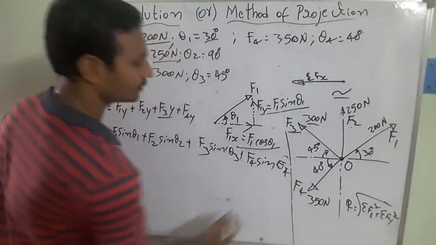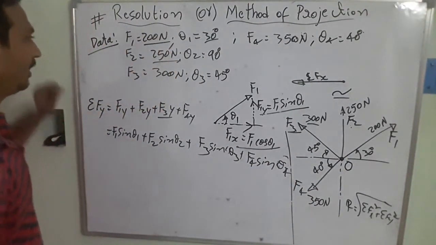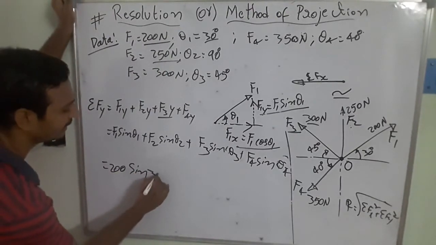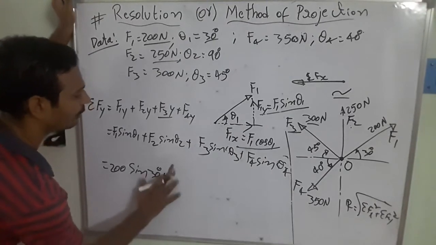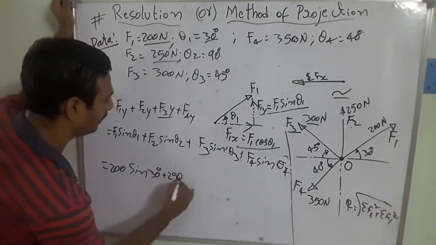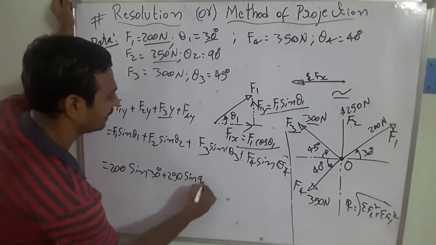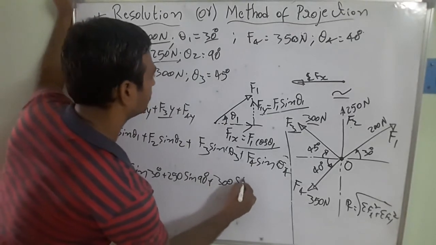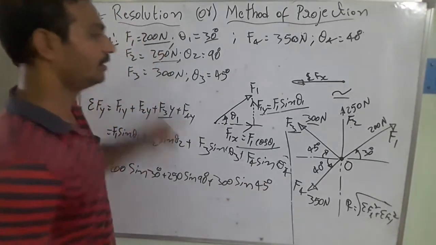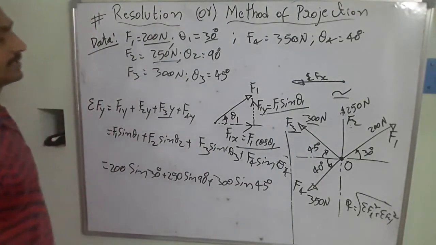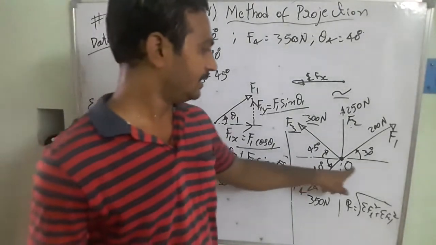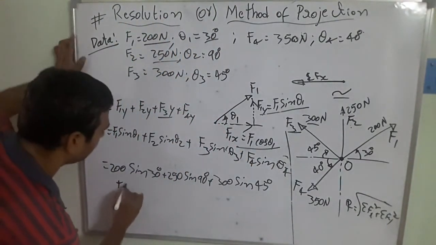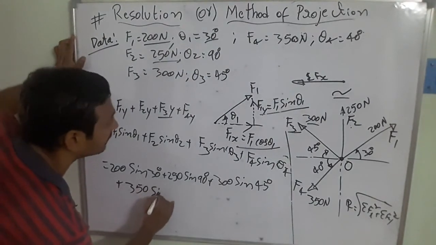Once we have these, I substitute: F1 is 200 newtons sin 30 degrees, F2 is 250 sin 90 degrees, F3 is 300 sin 45 degrees, because for all the vertical components we get sine components since we are taking the angle with respect to the horizontal, plus 350 sin 40 degrees.